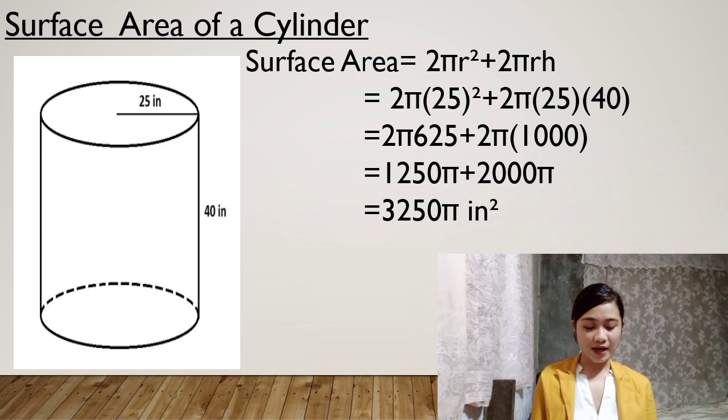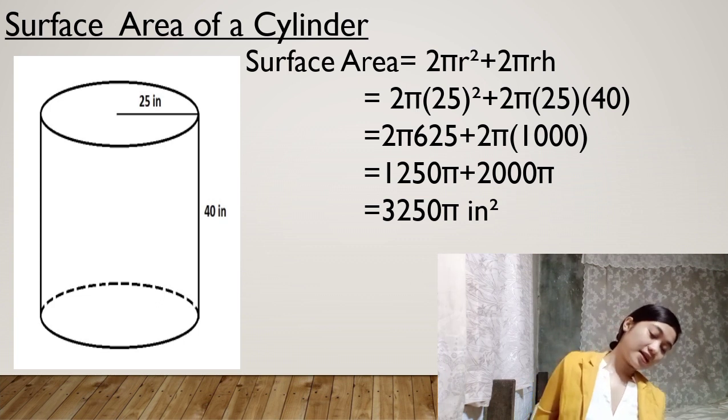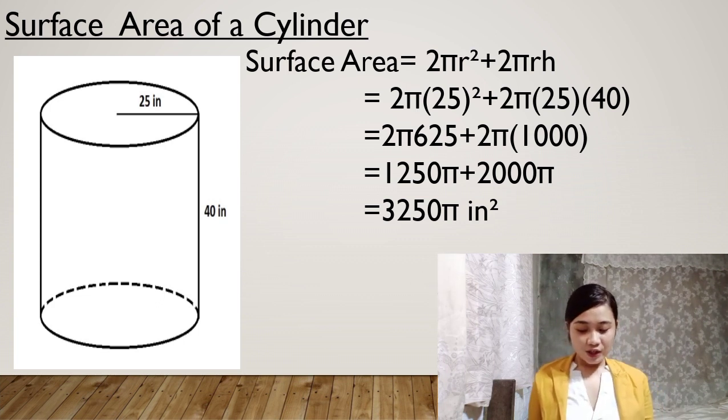So, padayin ta, 2 pi squared ng 25. So, we are going to use the calculator. Okay. 25 squared will be 625.